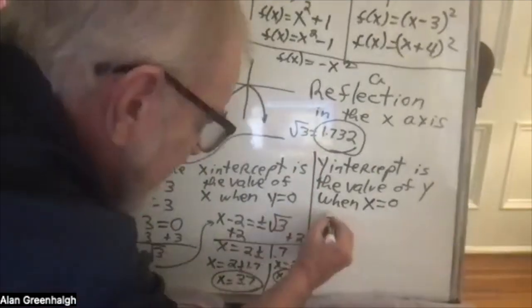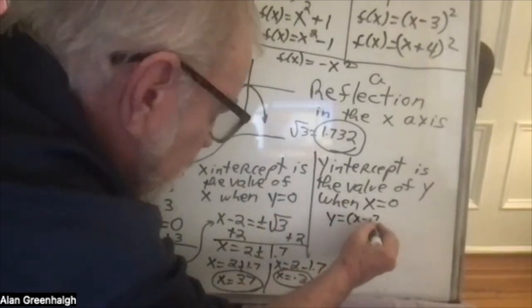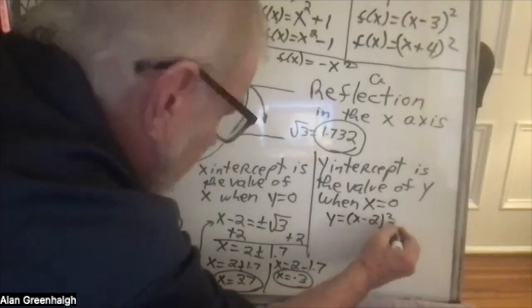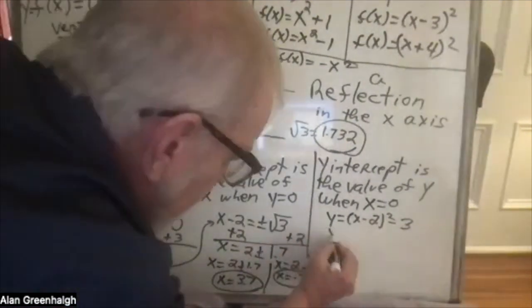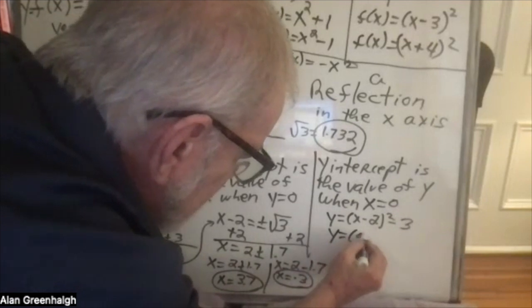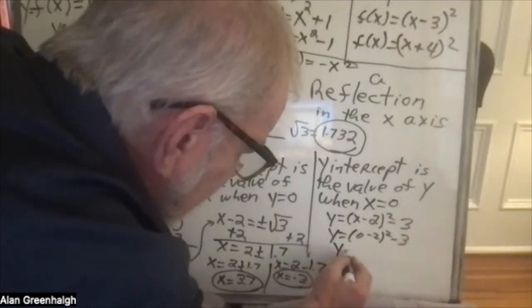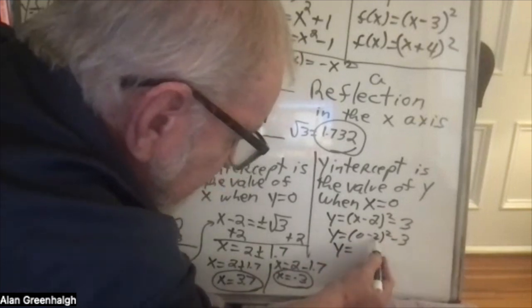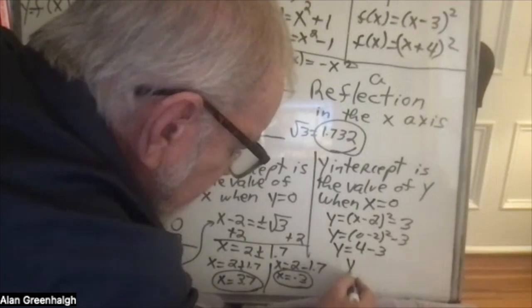So we go like this, y equals (x minus 2) squared minus 3, the original function. And now to get the y-intercept, we let x equal 0. 0 minus 2, squared, is 4, and 4 minus 3 is 1.